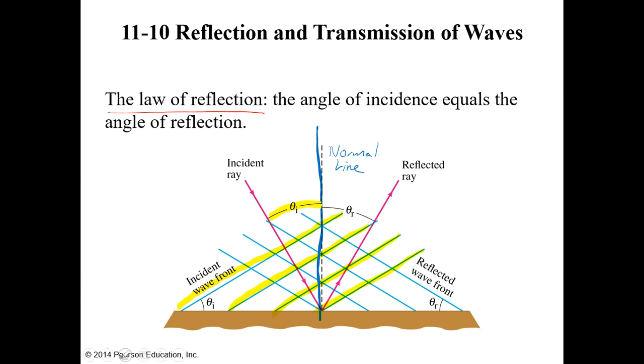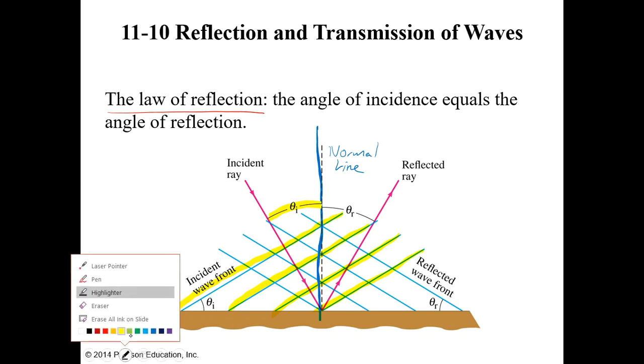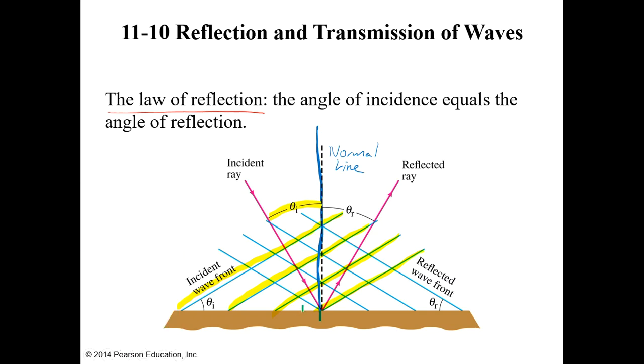And then it reflects, and as it does so, it's going to look something like this at an angle theta r. In other words, reflected angle. Now, the important point that we need to make from the law of reflection is that the angle of incidence equals the angle of reflection.